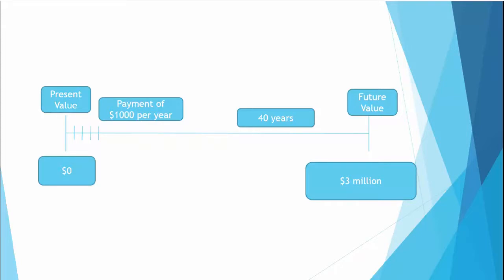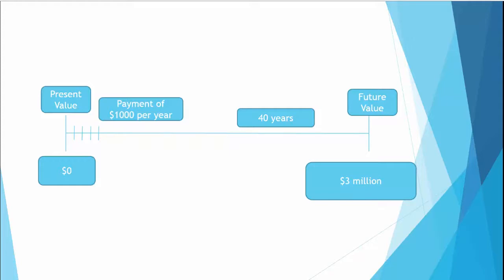The question says per year, so we can tell that it is annual compounding, so there's nothing to do in this step. Next, determine the signs. You're paying out $1,000 a year, so that is a cash outflow, so the $1,000 needs to be negative. You'll receive an inflow of $3 million in 40 years, so that is a positive flow.